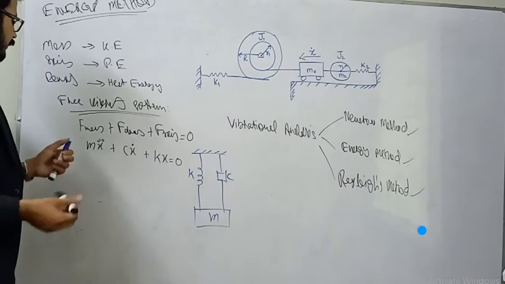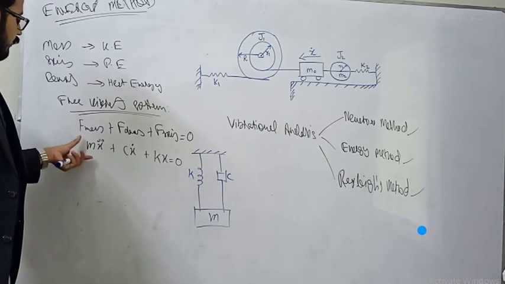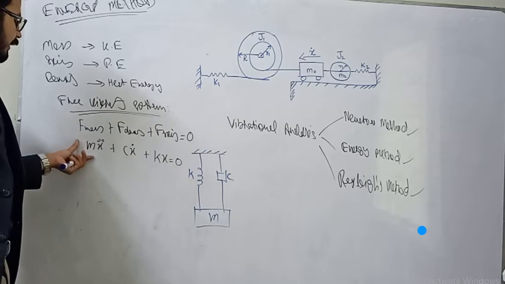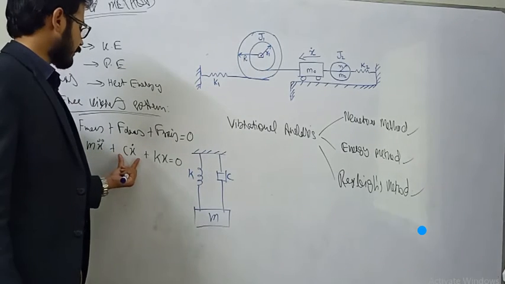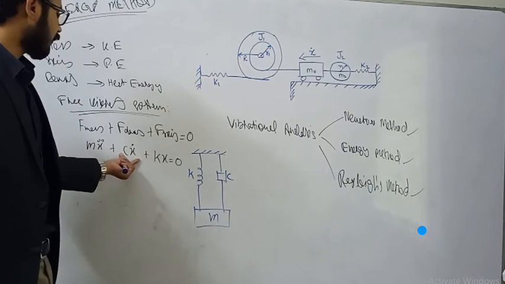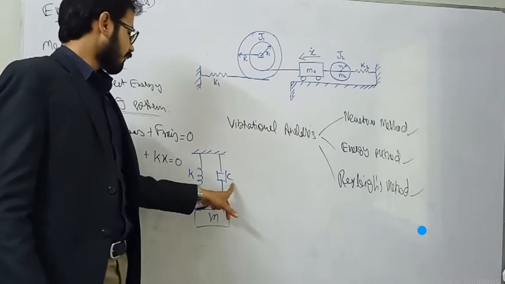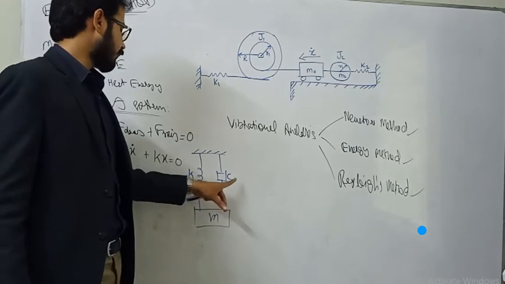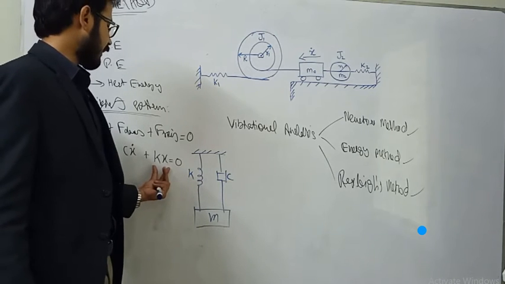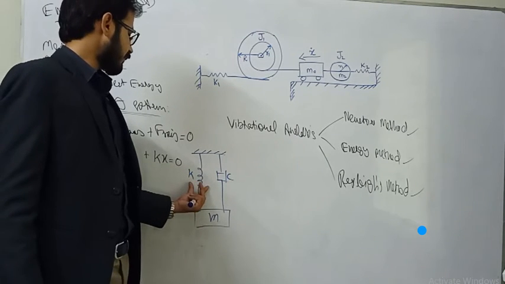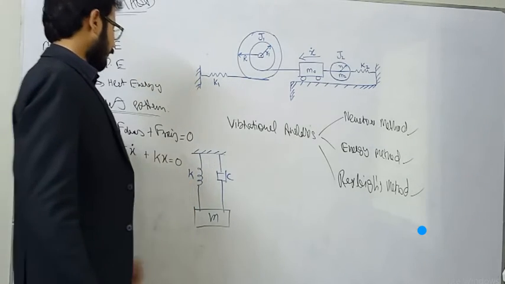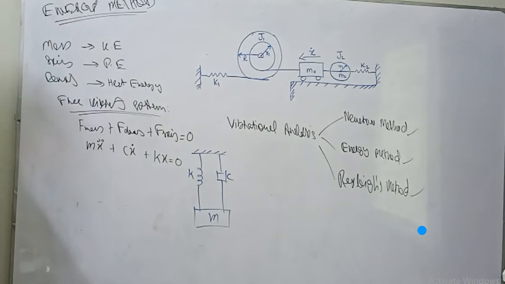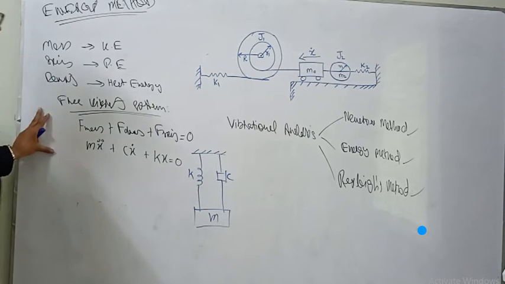This is the force associated with the mass, equal to mx double dot. This is the force associated with the damping element, and it depends upon the coefficient of damping and the associated fluid velocity. This is the force associated with the stiffness element, and it depends upon the value of stiffness of that elastic body. So this is the free vibrating system.